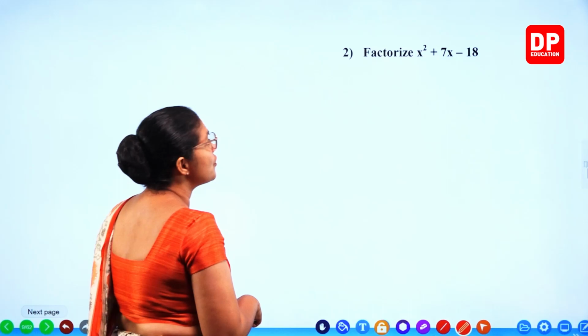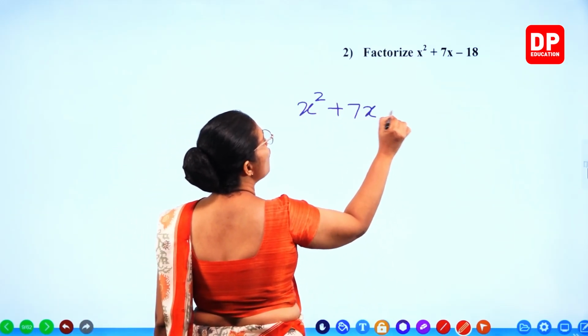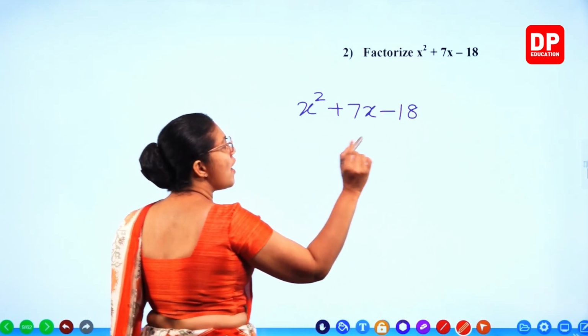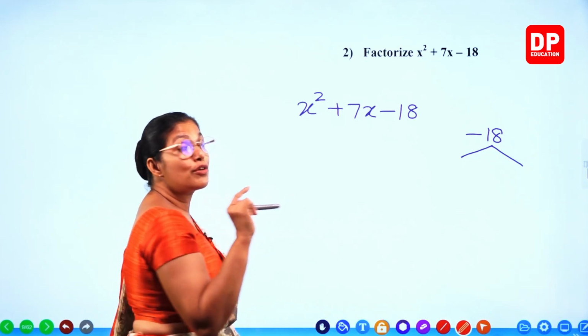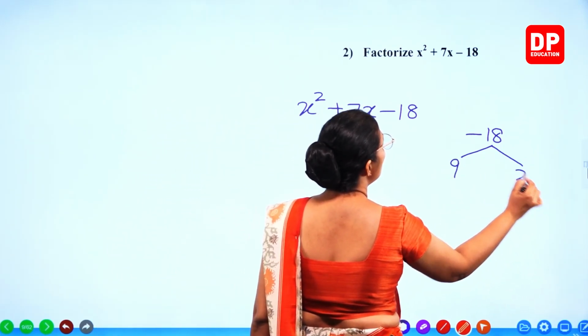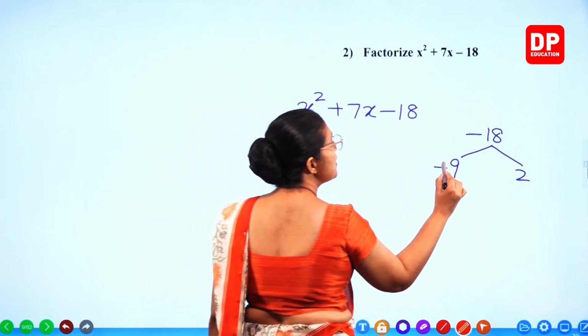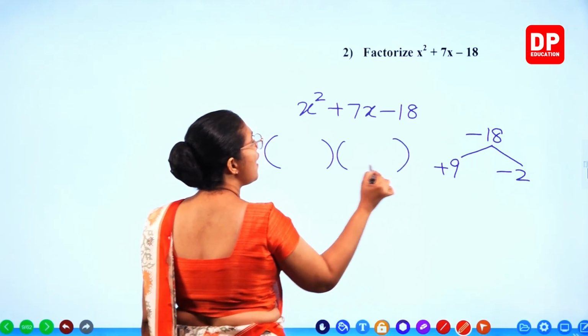Question number 2, factorize. This is a quadratic expression, and how do you find the factors? Find the factors of minus 18. When you add the factors, you need to get plus 7. What are the factors? 9 and 2, but the middle term is plus. So that means plus 9 and negative 2. So you can straight away write down the factors.